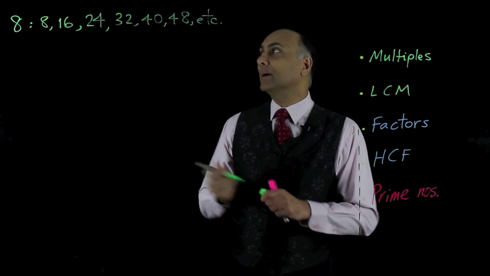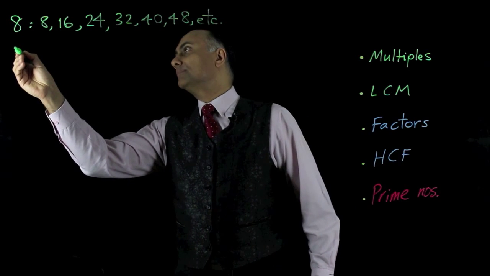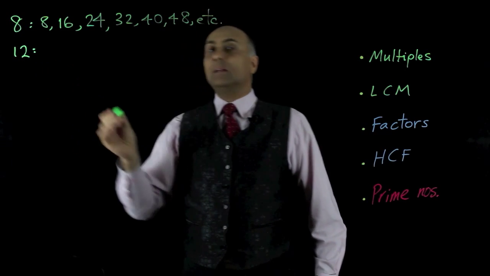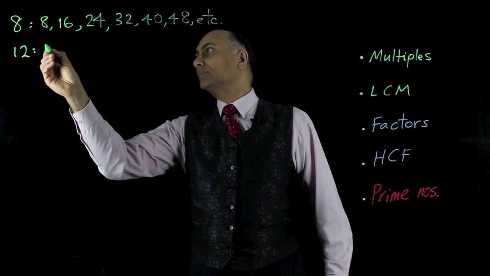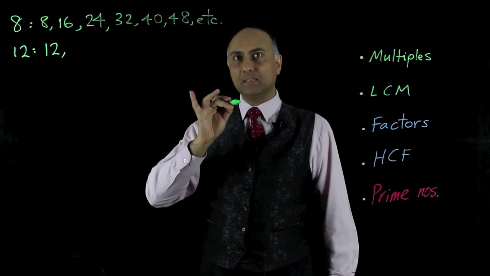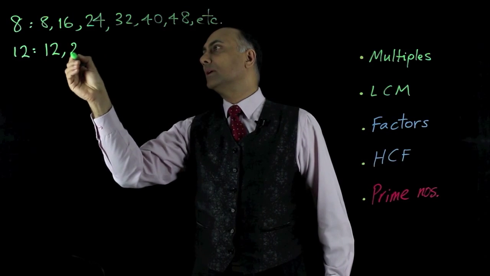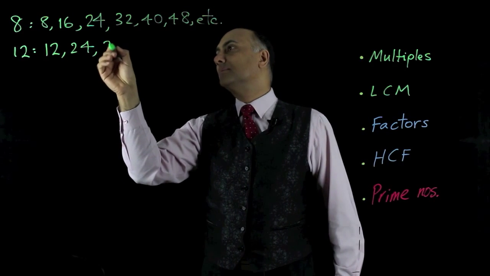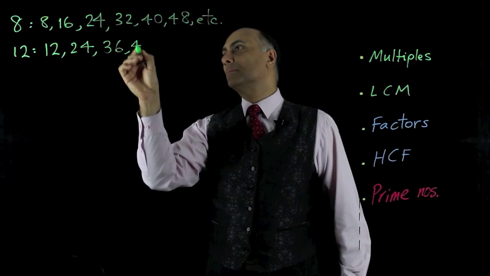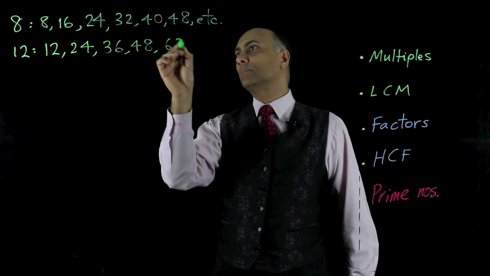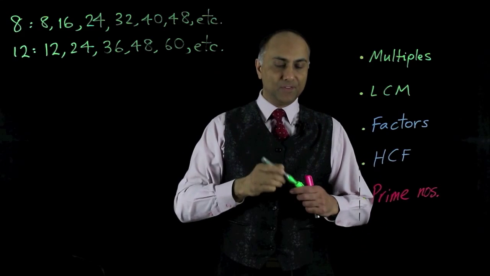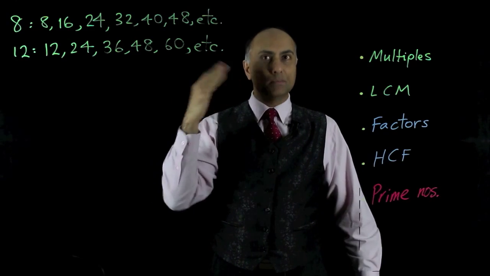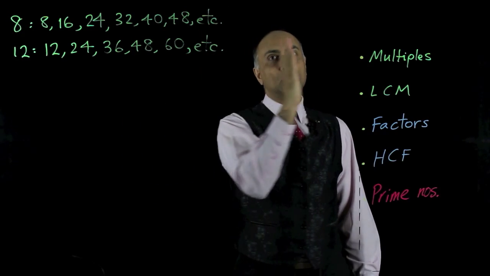Let's take another number. Let's take the number 12. Again, the first multiple is going to be 12 times 1. The second, 12 times 2, and so on. Again, I've listed the first few because, again, the multiples of any number can go on forever.